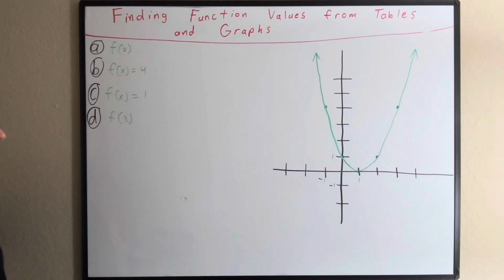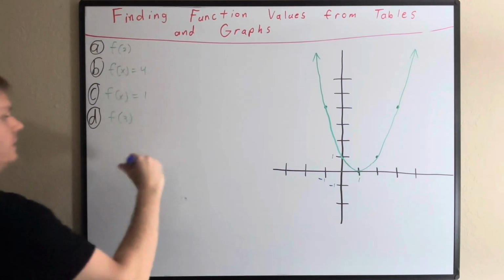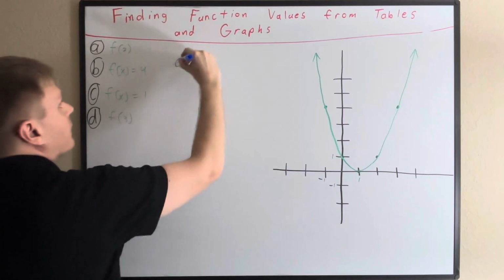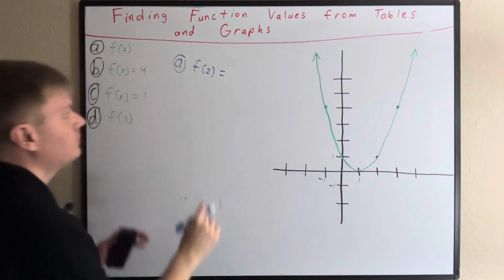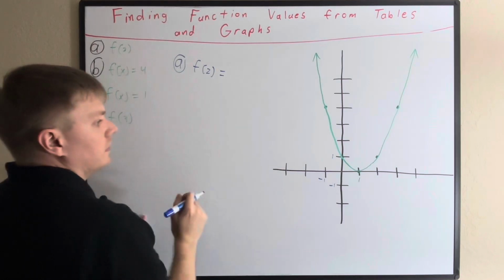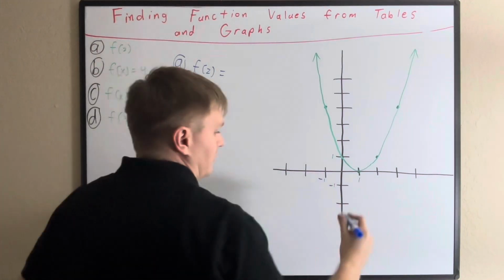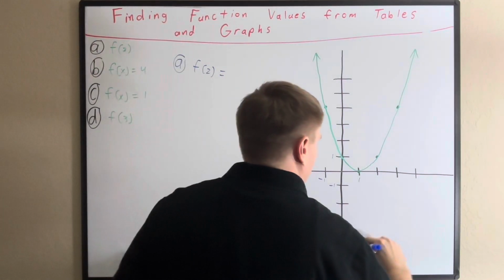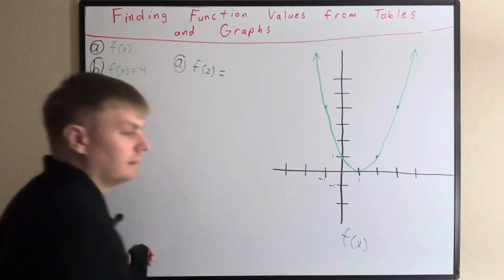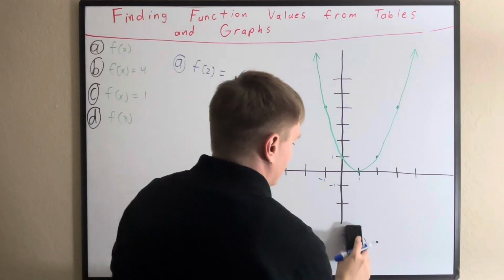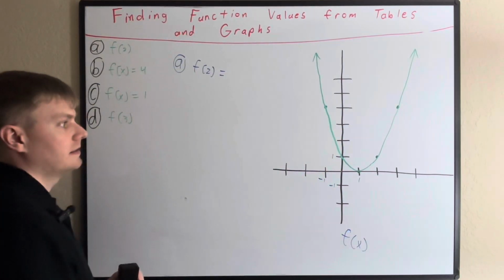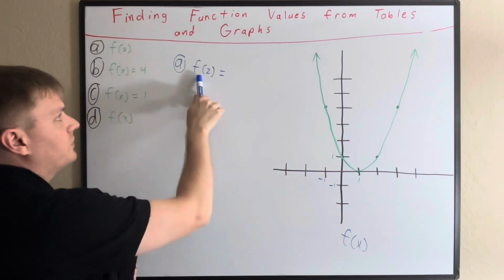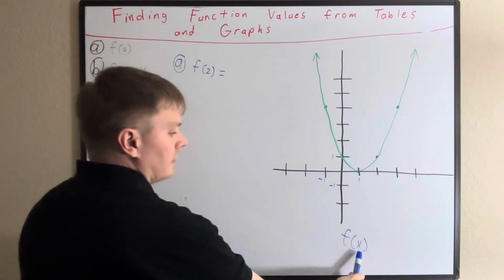Okay. So f of 2, what are they looking for with f of 2? Well, this function, I should probably have included that here, is called f of x. So if we're looking for f of 2, 2 would be x.